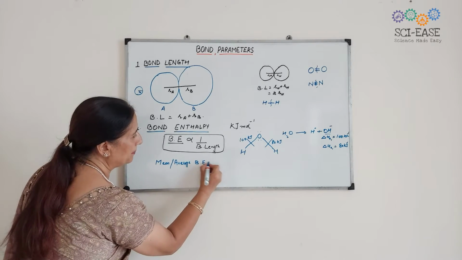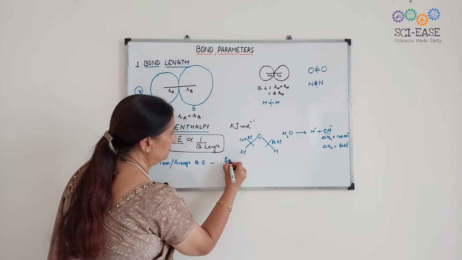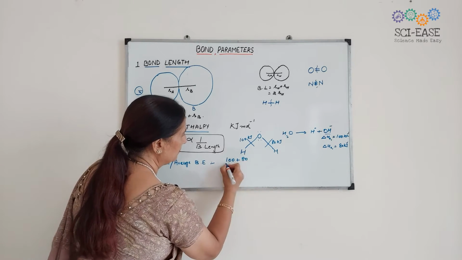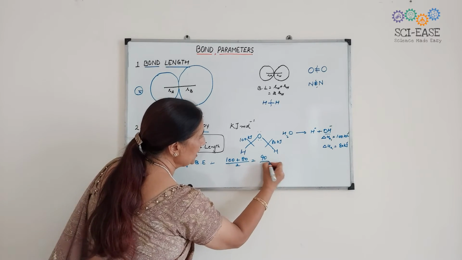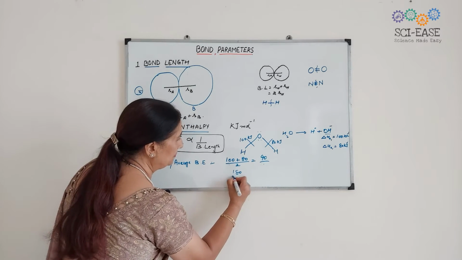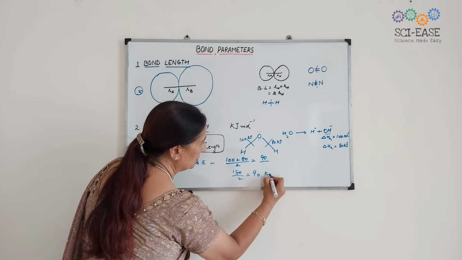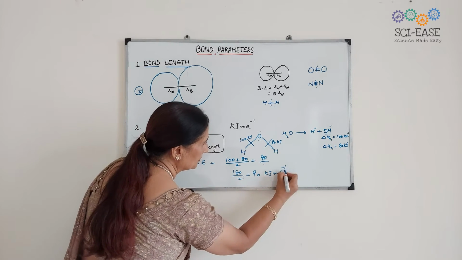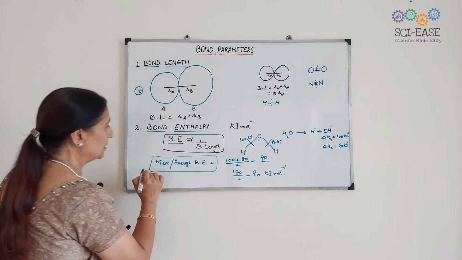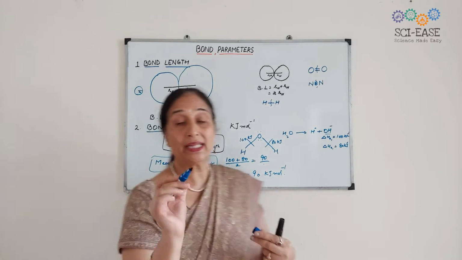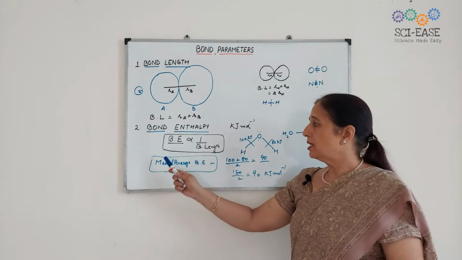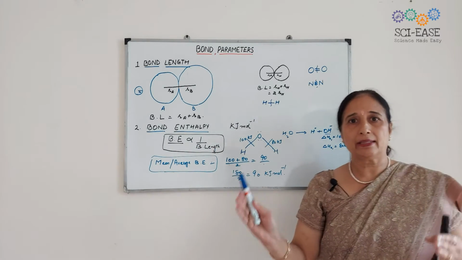Bond enthalpy will be 100 plus 80 by 2, 180 by 2, which is 90. So the term here is average or mean bond enthalpy. In case of polyatomic molecules, we will take into consideration the mean or average bond enthalpy.